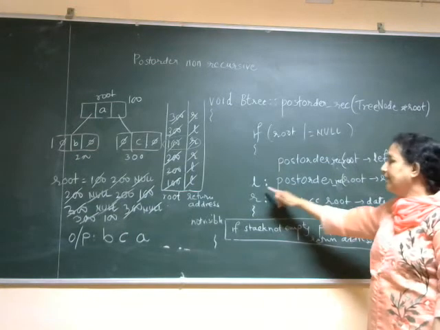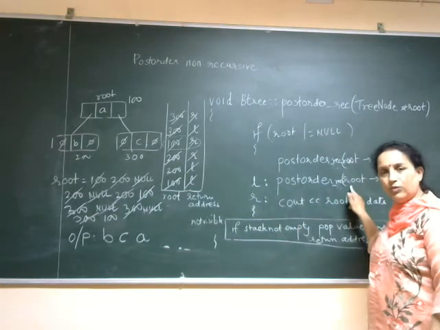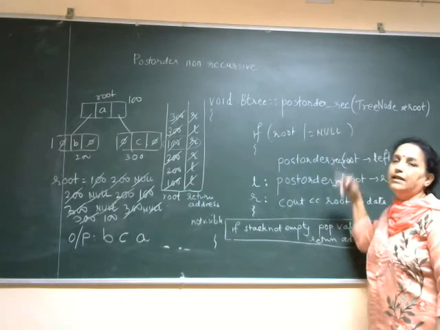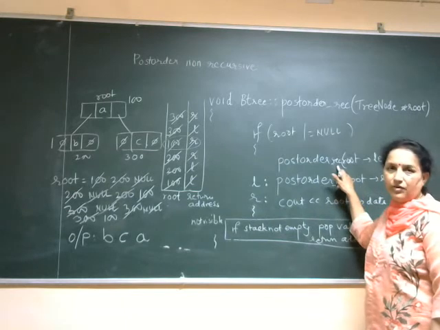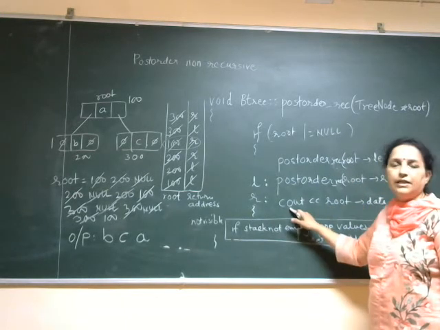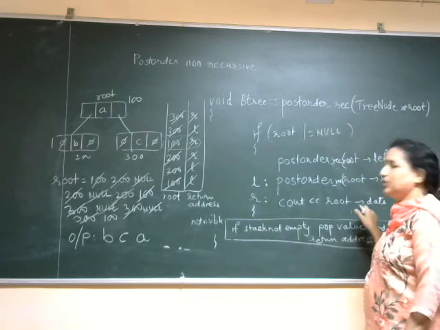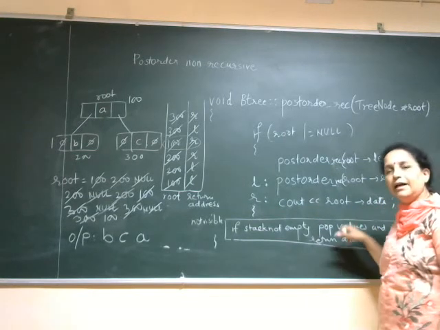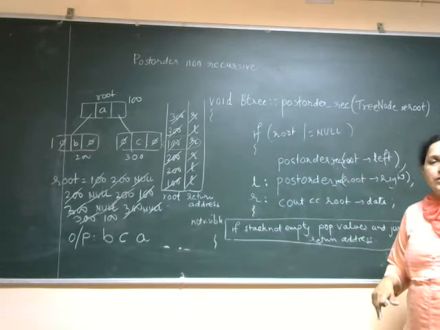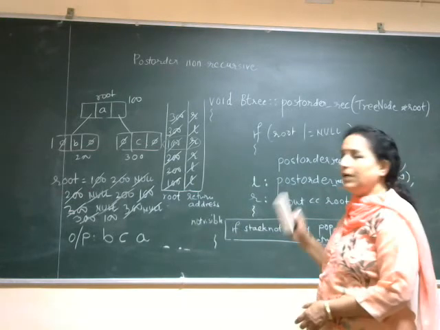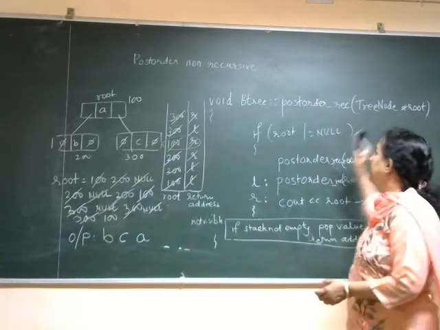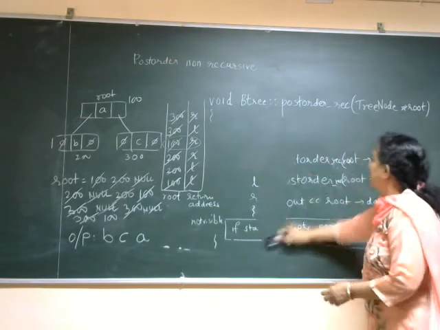Now if return address is L, I should go to one right, and again I should go to left, left, left. Okay, and if return address is R, I should display a node, and again I should pop values. Okay, so that is the logic. So we'll try to write the non-recursive function for post order.